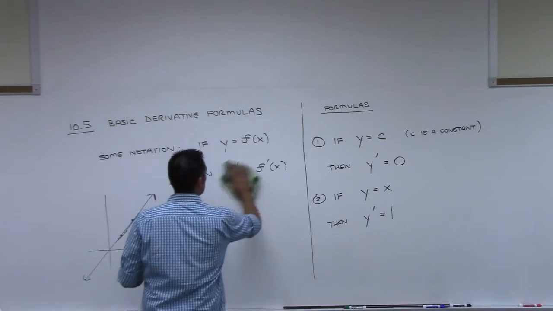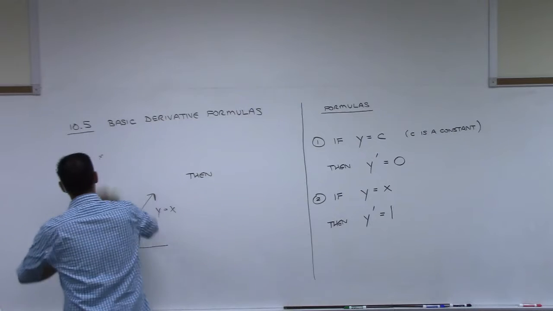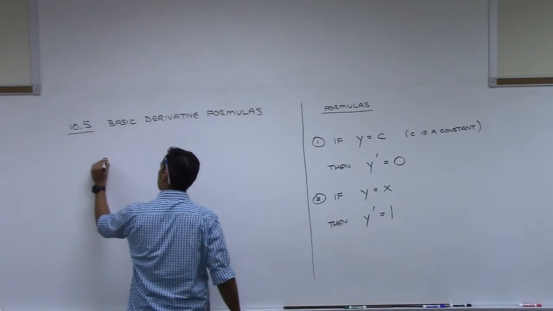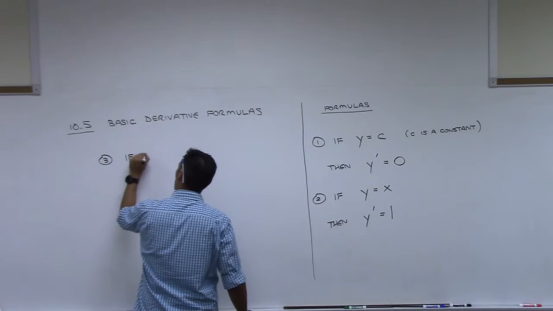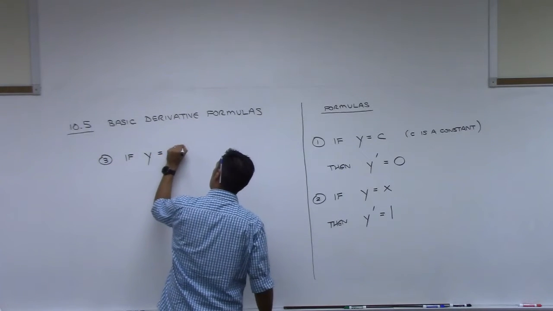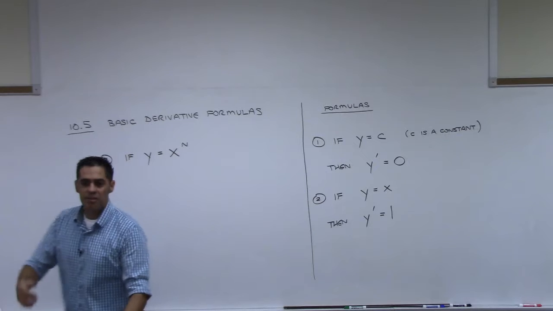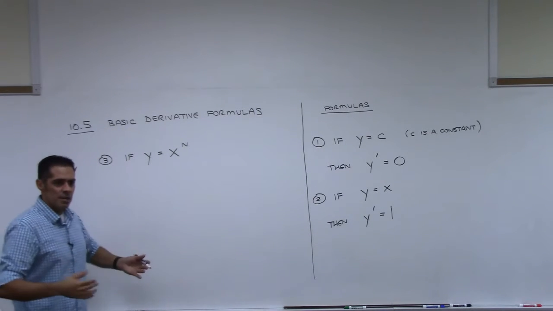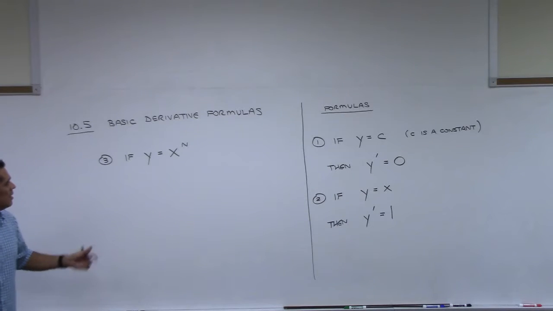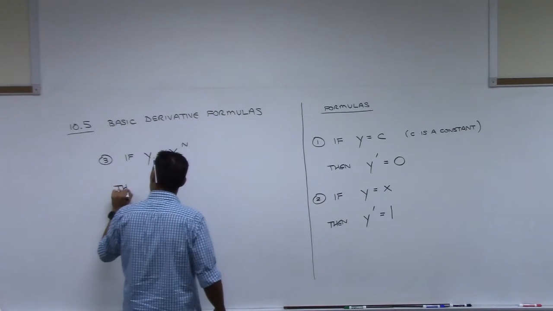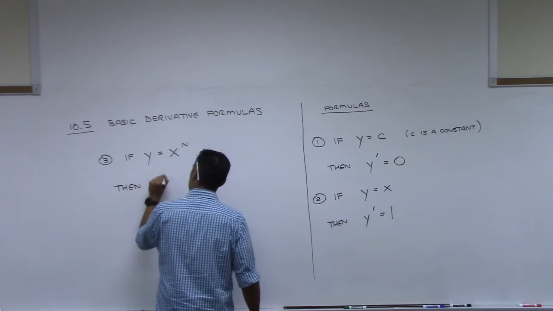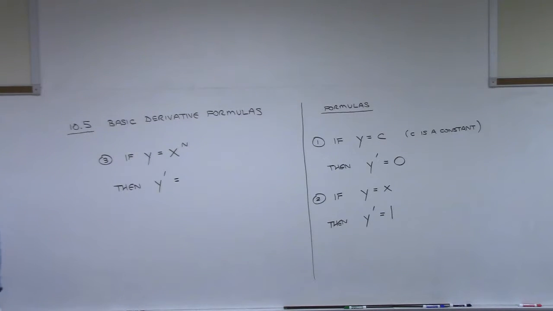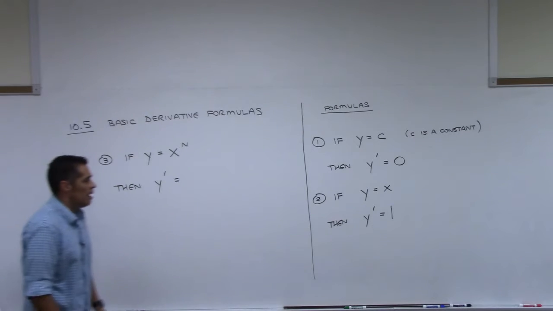And now the big one, the big formula. Number 3. If y equals x to any power, so x squared, x cubed, x to the 10th power, does not matter what it is, then the derivative of this is, now unfortunately, I can't prove this to you.